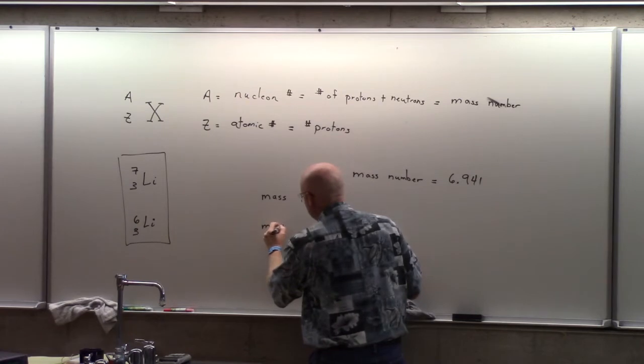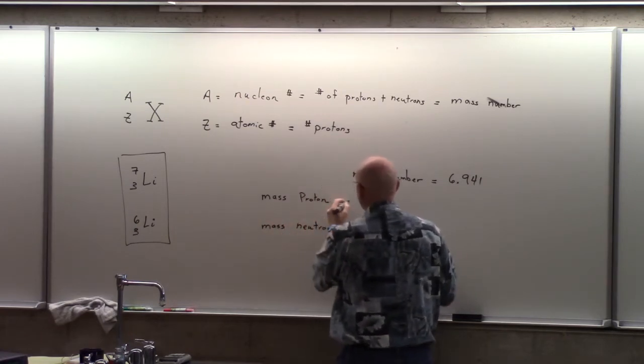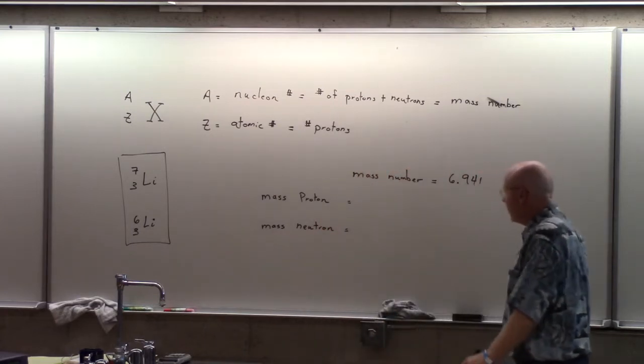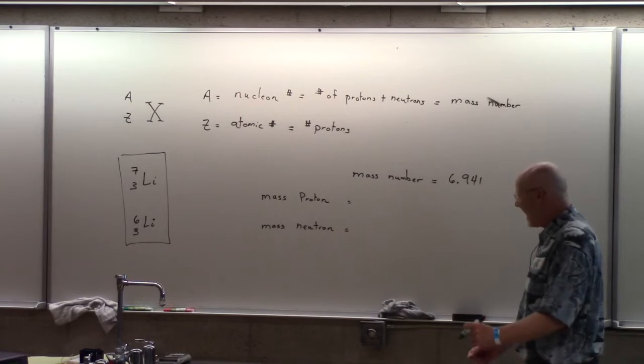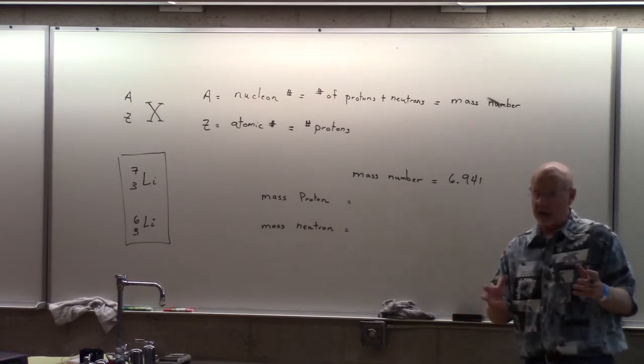And what is the mass of a neutron? They are not quite exactly the same, nor are they really exactly one.